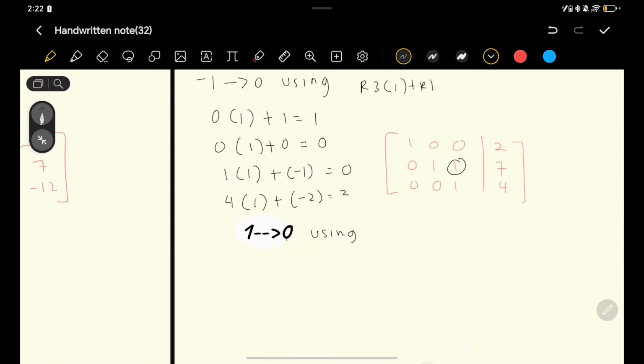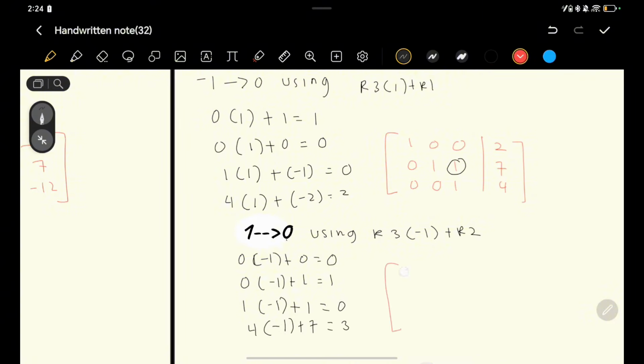Now we wanted to change 1 into 0 using R3 times by negative 1 plus R2. Transfer the new value of row 2 into the matrix.